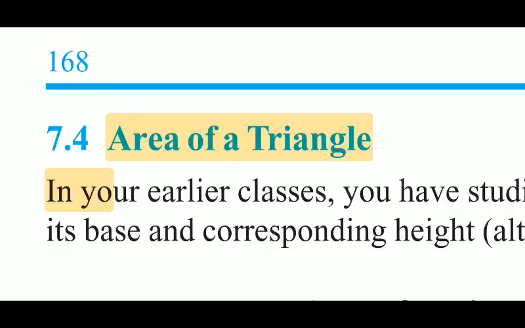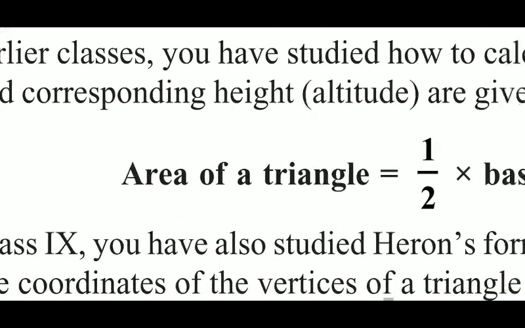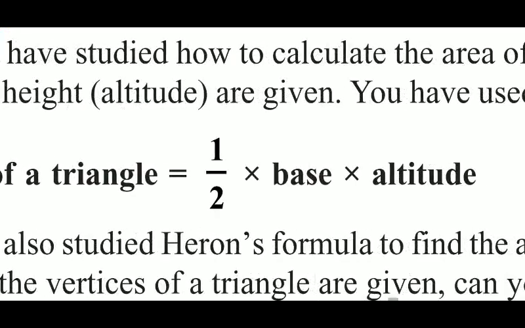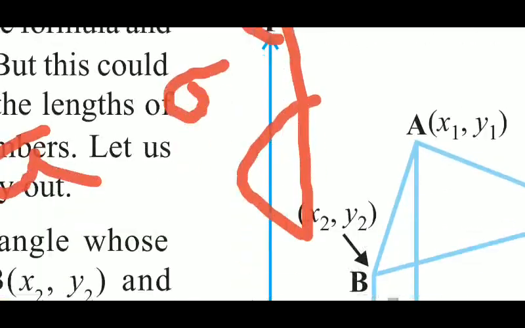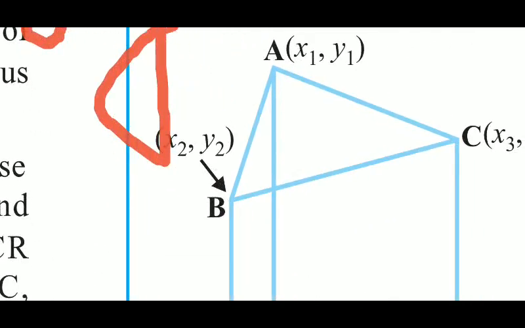Now we will start a new topic, the area of the triangle. In previous classes we learned how to find the area of the triangle, and we use this simple formula: area of triangle is equal to half base multiplied by altitude. But in this topic, the vertices of the triangle are given.